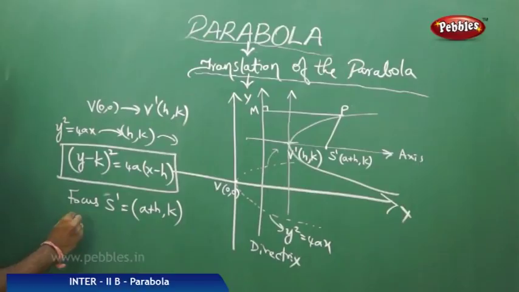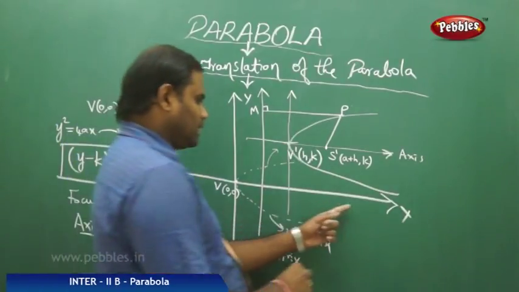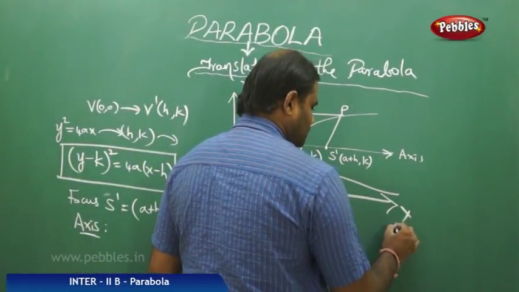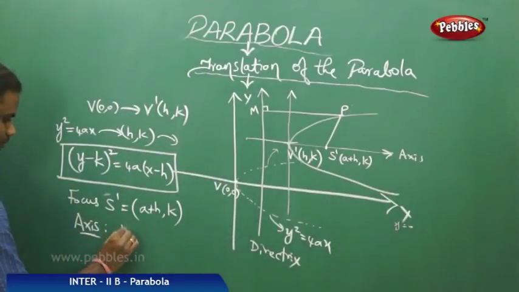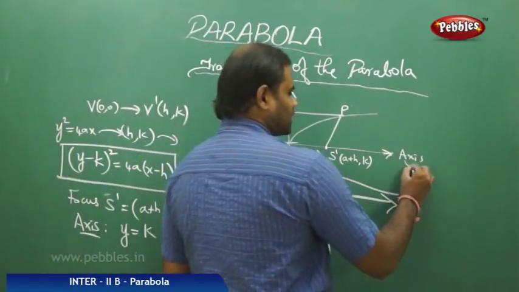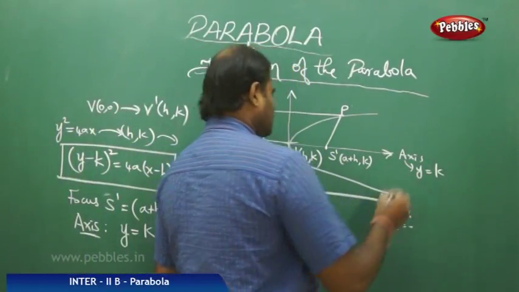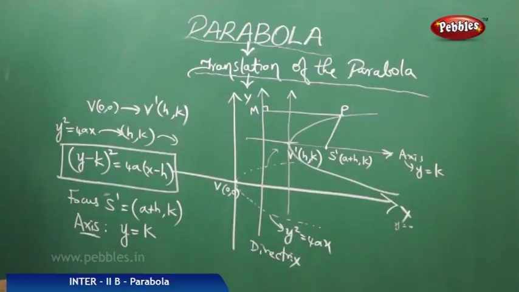And next, the axis of this parabola is given by the original axis for this being y equal to 0, gives us y equal to k. So the equation of the axis is y equals k if the vertex is (h,k).